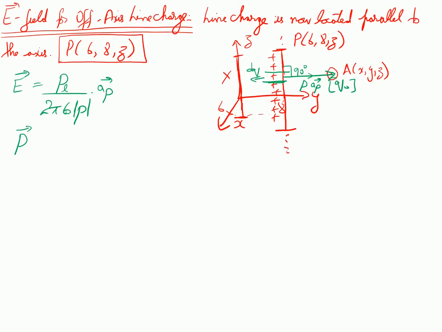So ρ in this case comes out to be, since we have a point x, y and z, we can write it as (x − 6) a_x plus (y − 8) a_y. Another point that you now need to know is that the z axis will always cancel each other out, and this is the representation of letting us know that our line is lying on the z axis.